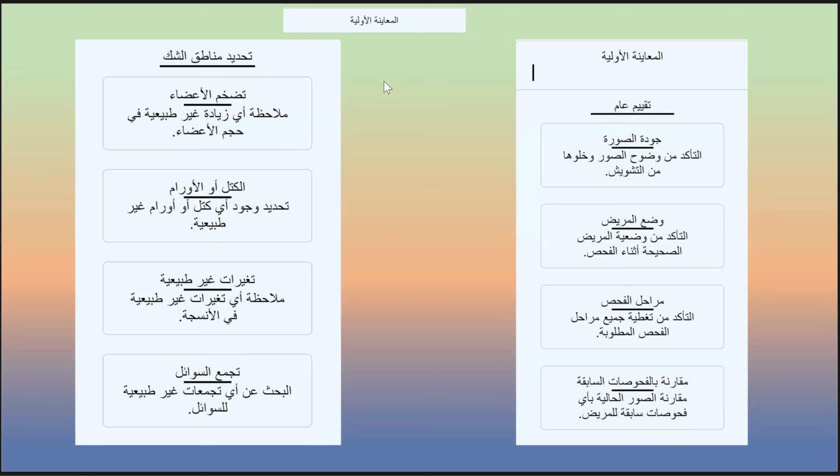And we look at the CT scan and we look for the suspicious area, any enlargement of the organs, any masses or tumors, and anything abnormal, and also we should see abnormal changes, and we should look for collection of fluid.